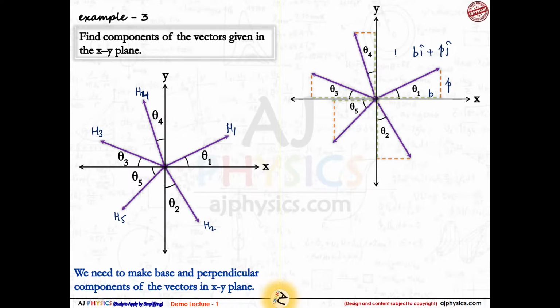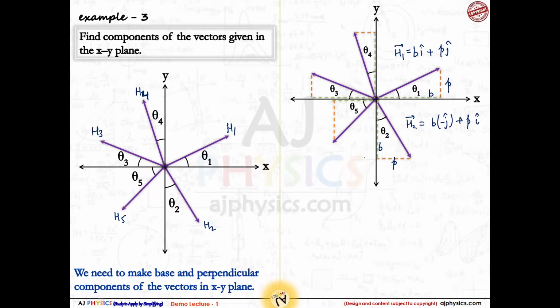Okay, this is the h1 vector. Fine. Now the second vector is having its base lying on the y-axis. So this is base and this is perpendicular. So this vector h2 will be equal to base as minus j cap plus perpendicular i cap.